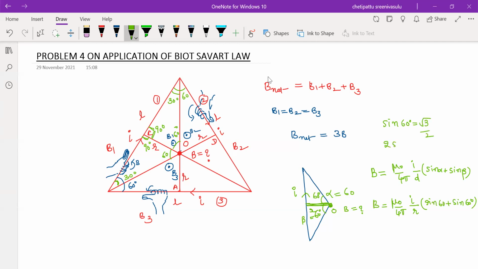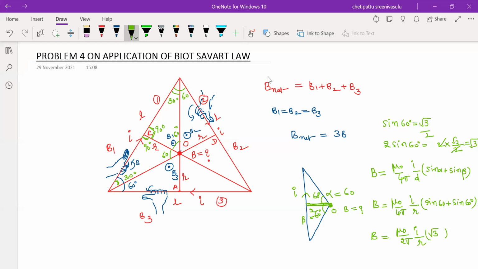Now 2 times sin 60, what will happen? 2 into root 3 by 2. Here 2 gets cancelled. The value is root 3. So we can write B equals mu naught by 2 pi, I by R into root 3, we can write for this value.